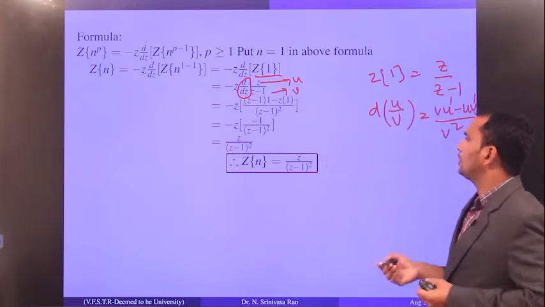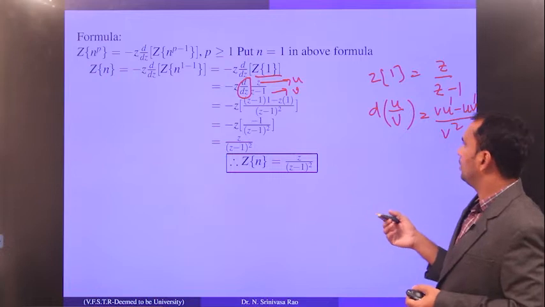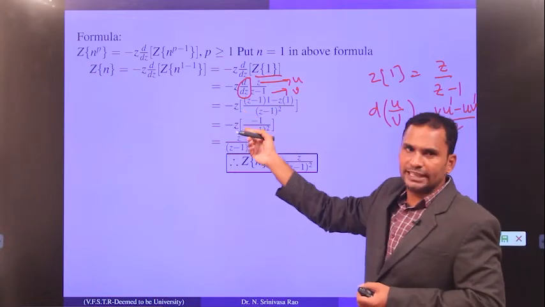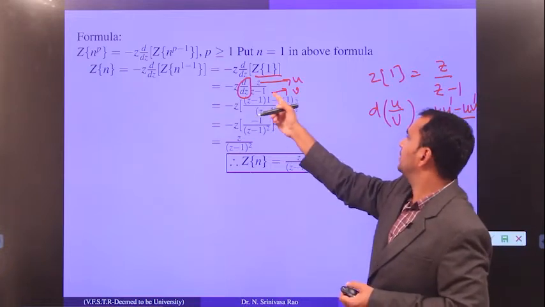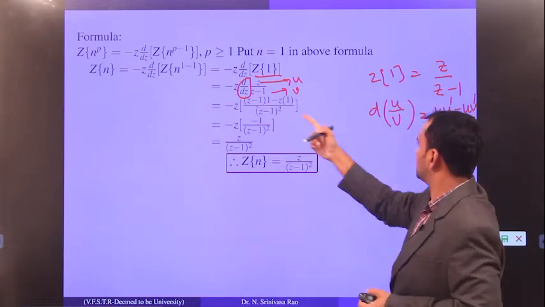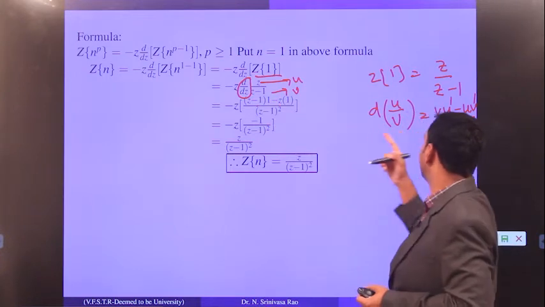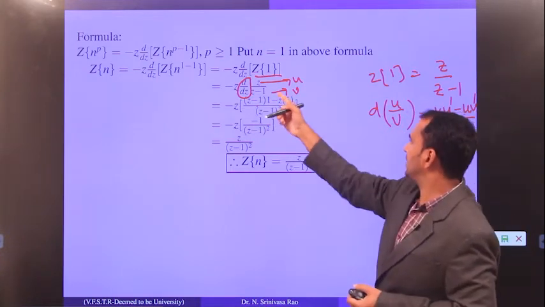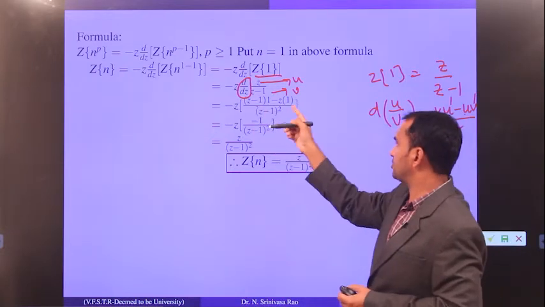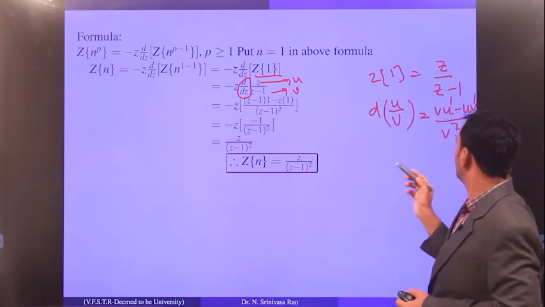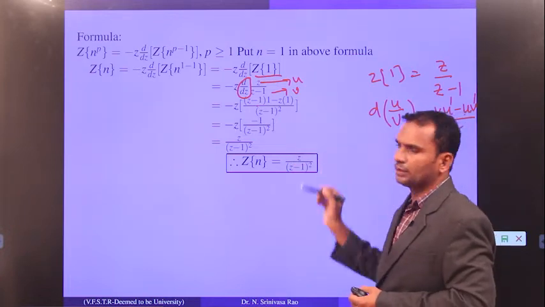So now z by z minus 1, so minus z into the derivative of u by v, v u dash. So v means z minus 1 into u dash, the z derivative is 1, minus u into v dash, so u means z into the derivative of z minus 1 with respect to z, which is 1, divided by v square. So v square means z minus 1 whole square.